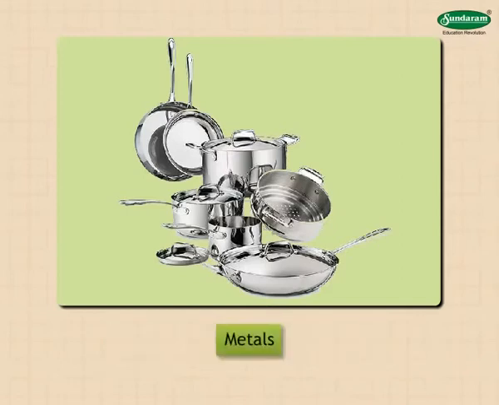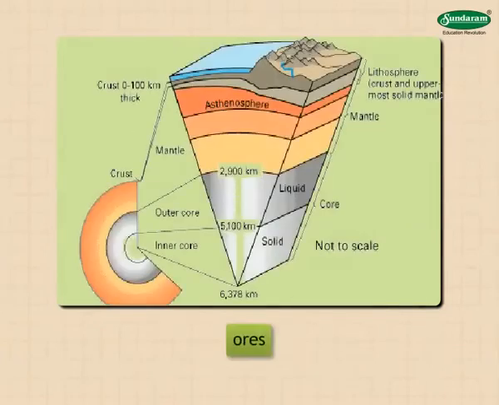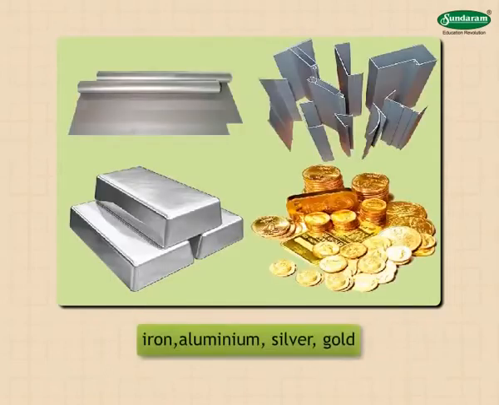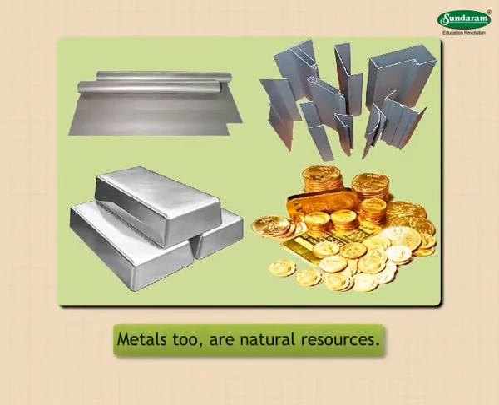Metals are used on a large scale in industry too. All these metals are found in the form of ores deep inside the earth, as also on the earth's surface. You are familiar with metals like iron, aluminium, silver, gold, etc. Metals too are natural resources.